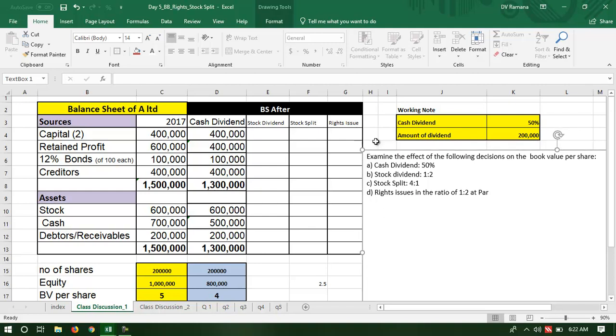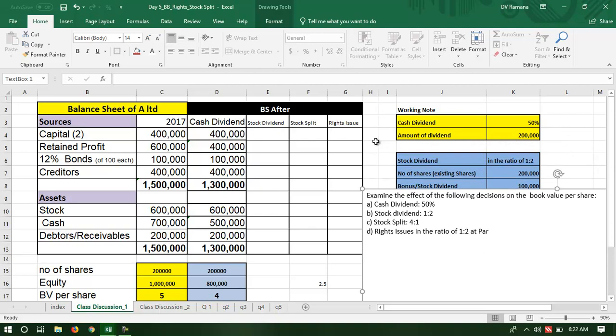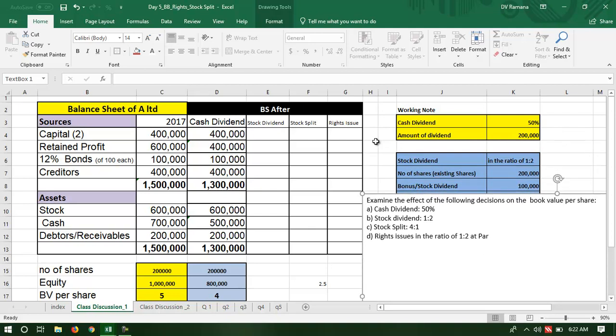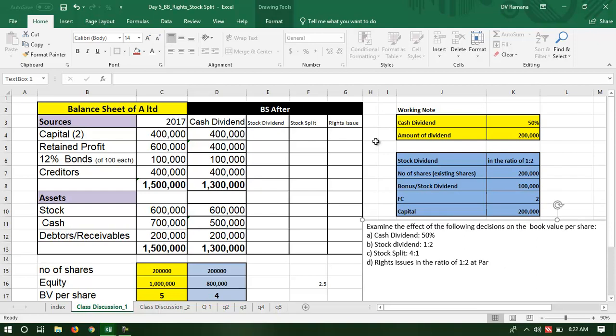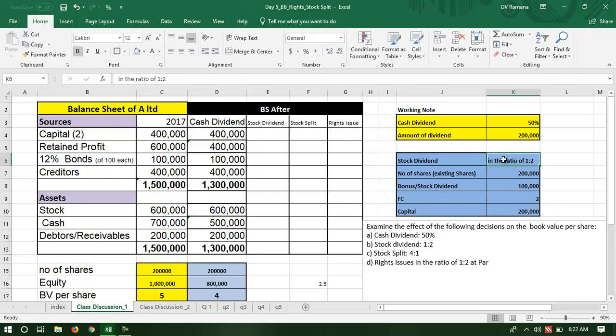So here we don't give cash, but we give shares to the existing shareholders, that is, we distribute dividend in the form of shares. The dividend ratio is given as 1:2. That means one bonus share is given for 2 existing shares.